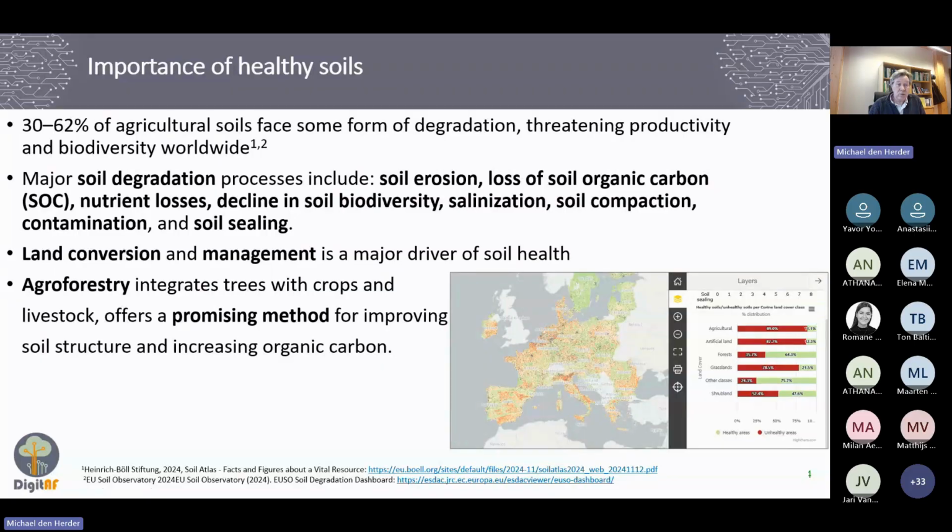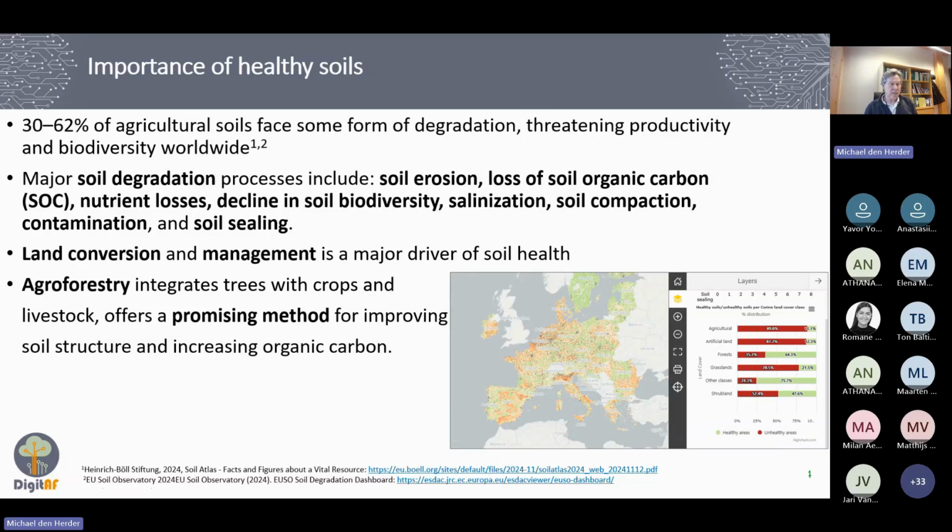Currently, about 30 to 62% of agricultural soils globally face some form of degradation, and that is really threatening agricultural productivity and also biodiversity on a global scale. And also in Europe, this happens at quite a large scale.